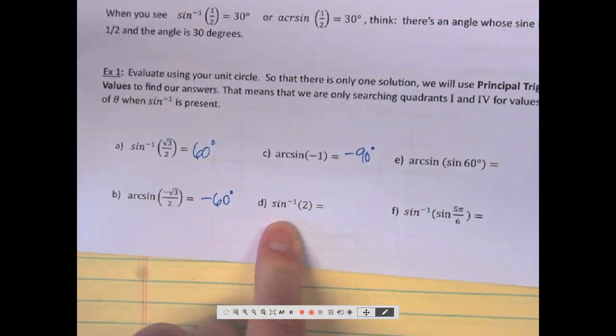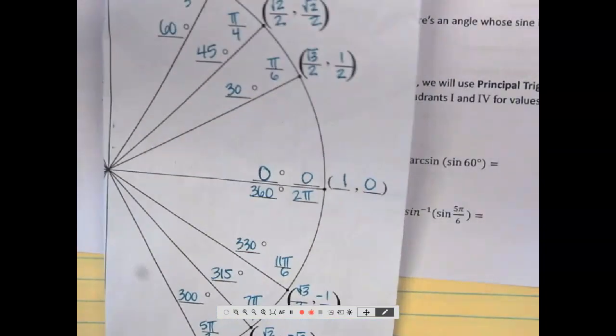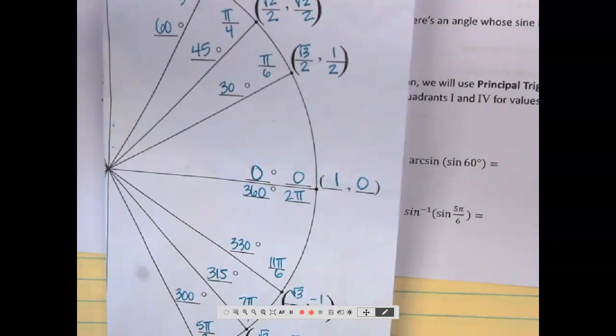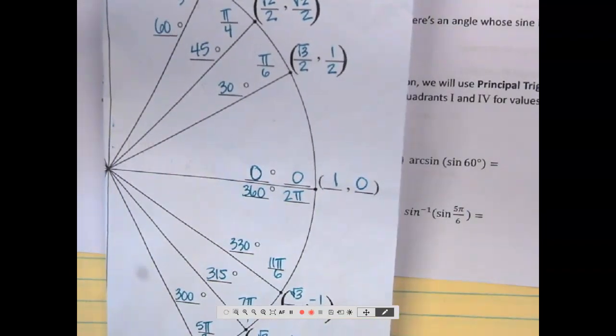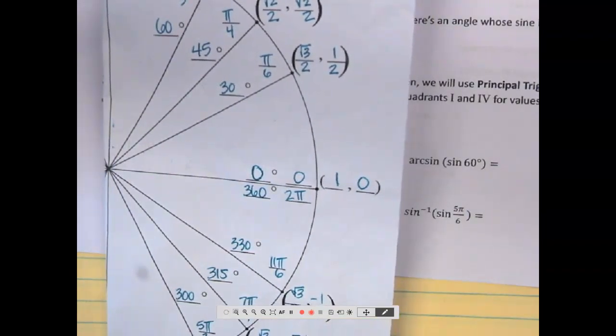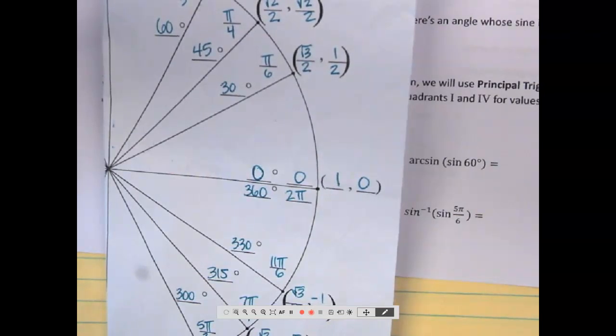All right, there's an angle whose sine is 2. Jerry, look on your unit circle and find me an angle whose sine is 2. I don't know. Can I help him? There's not one.